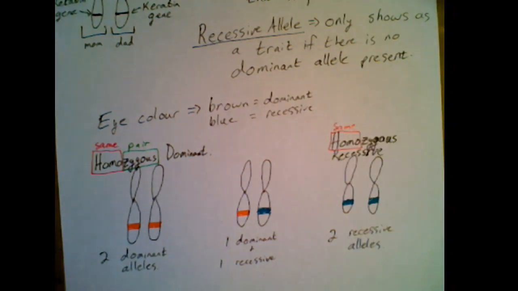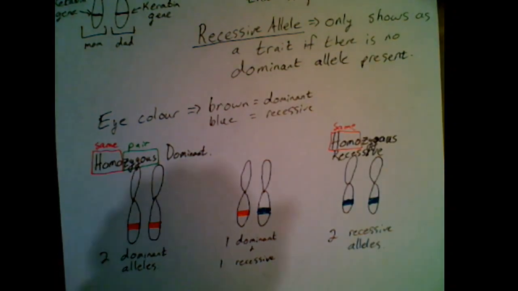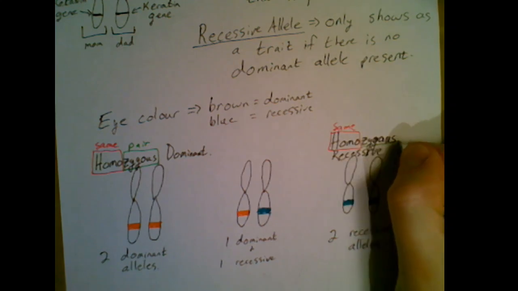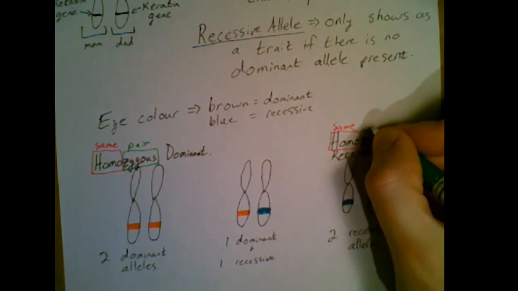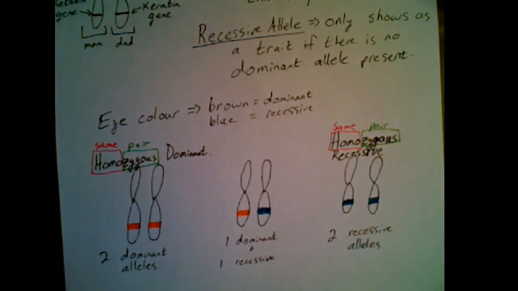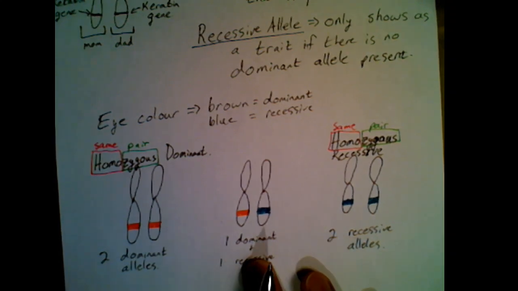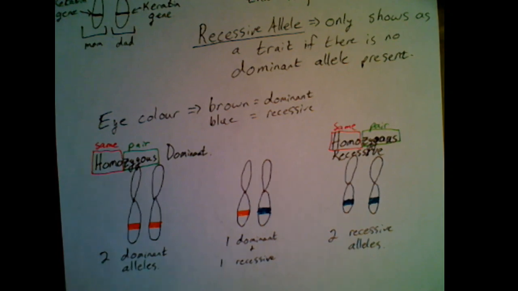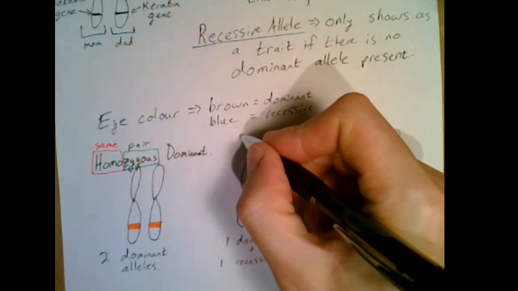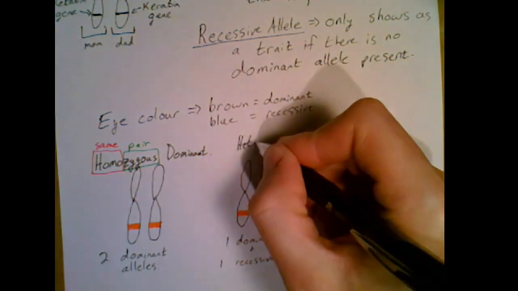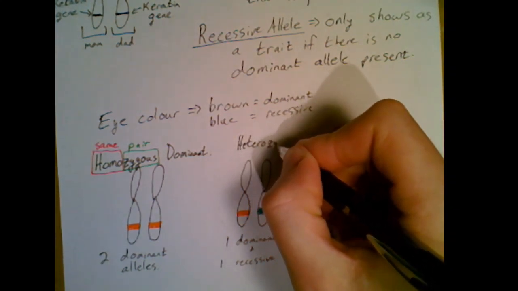Same pair, recessive. Now, let's say you would have one dominant and one recessive. Well, you do not have homozygous because you don't have the same. You instead have heterozygous.